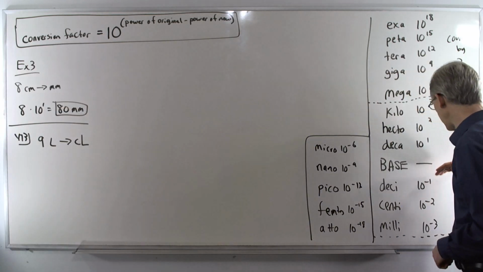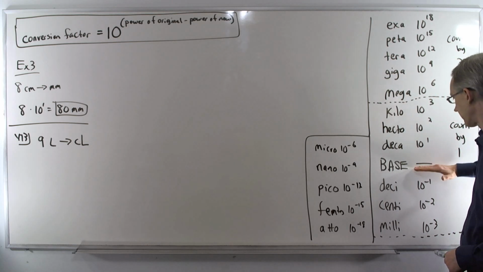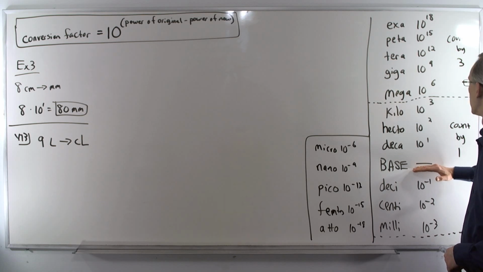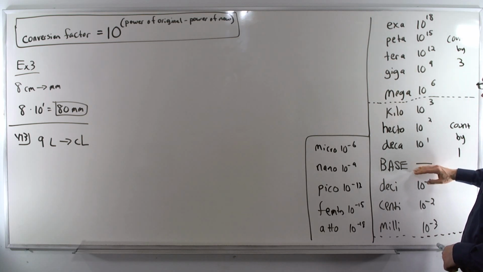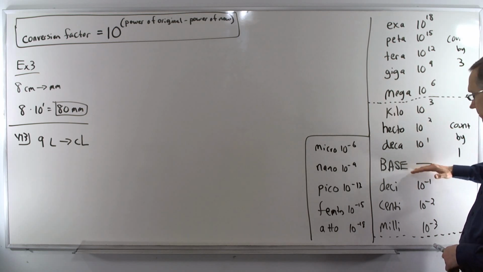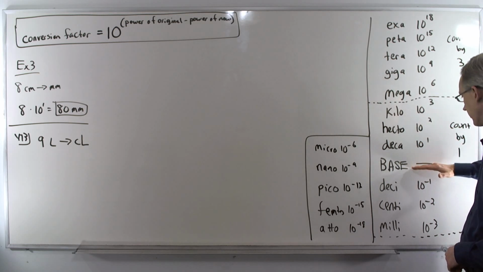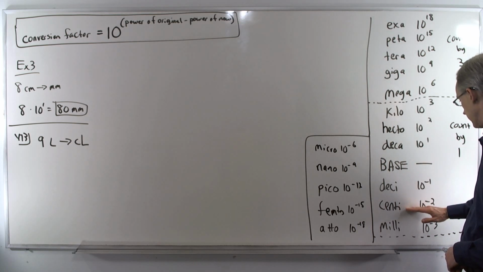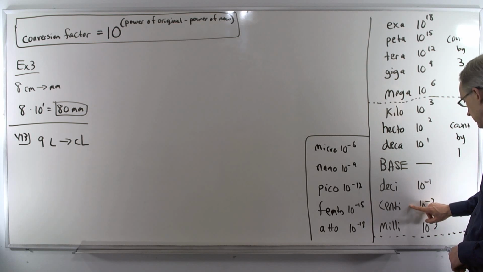So liters is the base unit. That means we're going to start right here at the base, whenever we see liters, meters, or grams. And I believe I messed up and said the base unit was a kilogram later. That's a gram. Okay, so we start here, and we count down to centi. So that's 2 moves down.